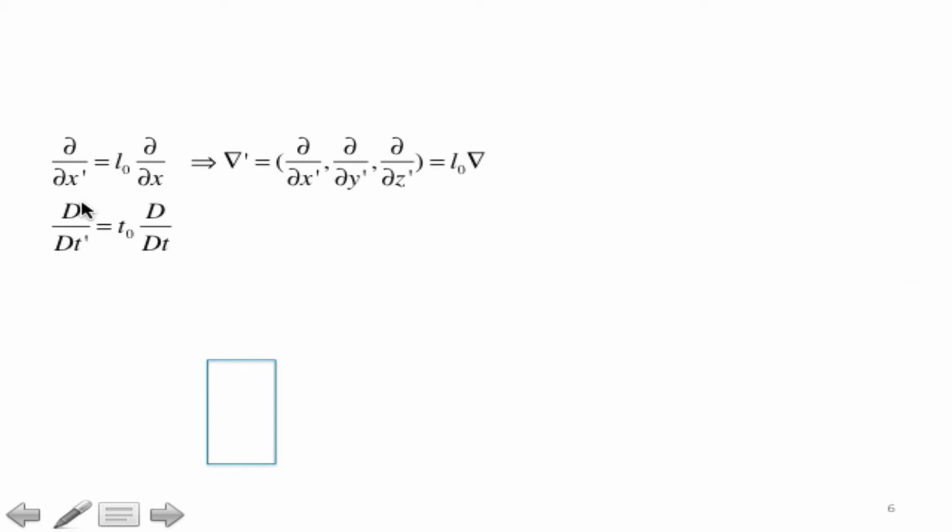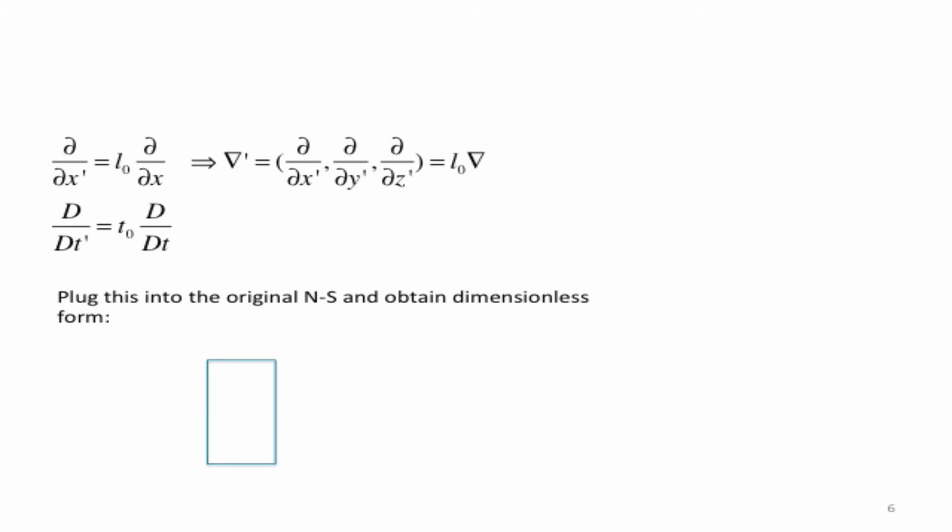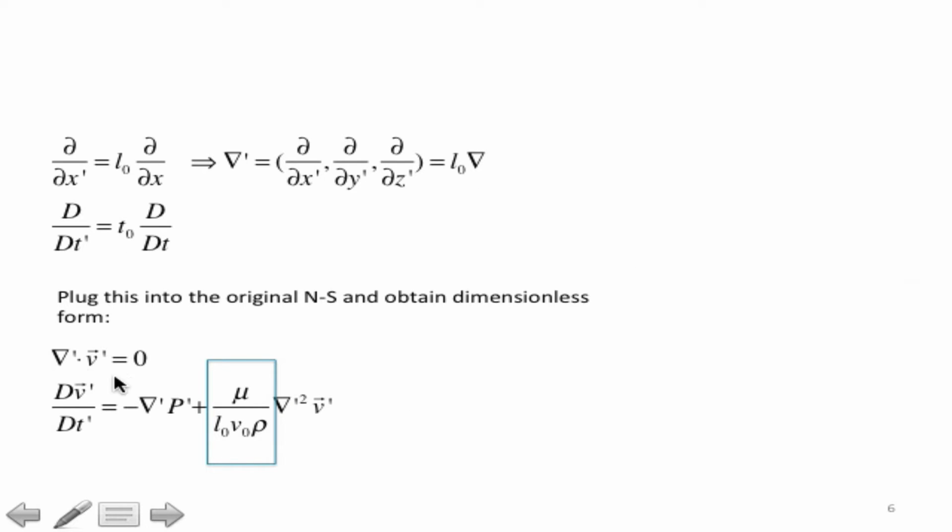Okay. Similarly, you could get that this derivative is T0 d/dt. So if I plug this into the original Navier-Stokes, I can obtain the dimensionless form of this. You will get that the continuity equation didn't really lose its form, and I wouldn't expect it to.